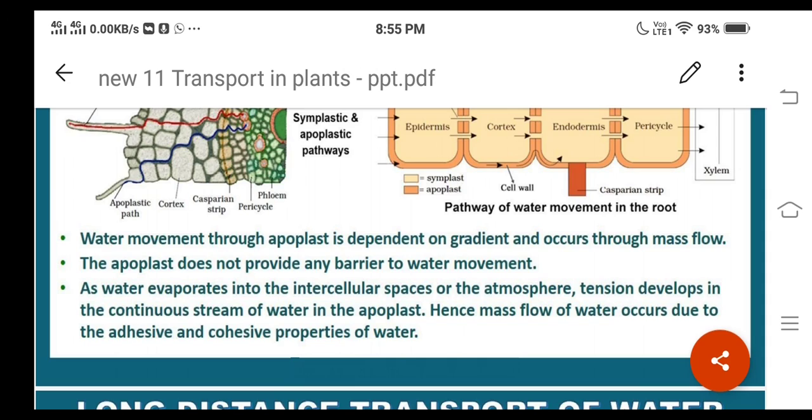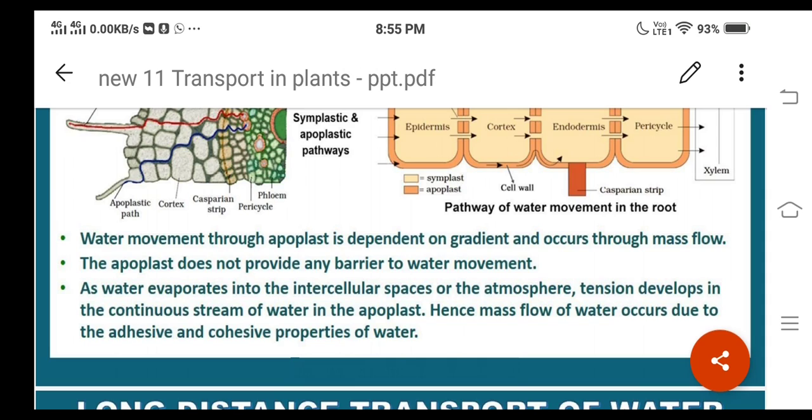This tension is called the transpiration pull, and because of this, mass flow of water occurs due to the adhesive and cohesive properties of water. In xylem vessels, the water molecules will show the adhesive as well as the cohesive properties. Because of this only, the water will move in an upward direction.